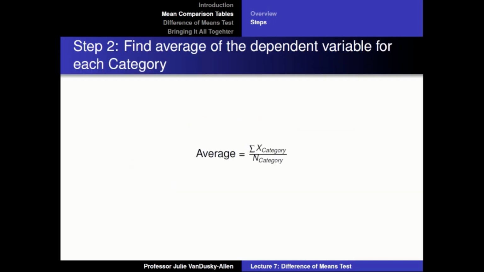Next, you calculate the average of the dependent variable for each category of the independent variable. The average is the sum of all the cases for the dependent variable in one category of the independent variable divided by the total number of observations in that category.